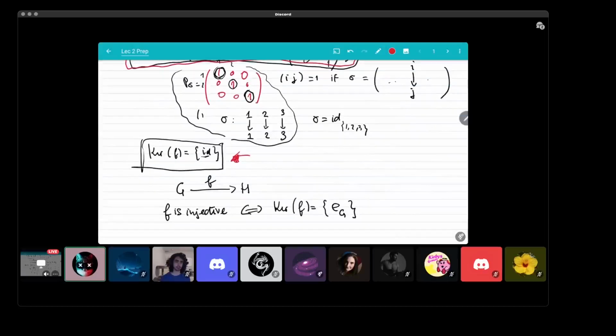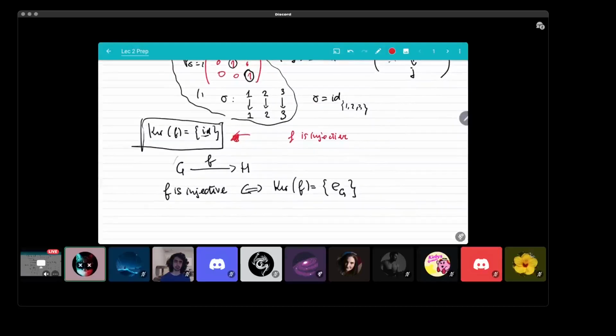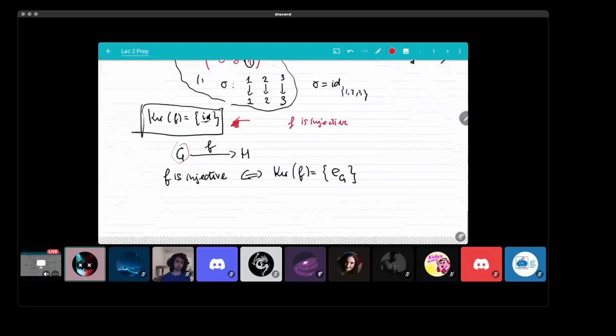So f is injective. Injective means each element of G has one image, and that image is the image of no other element in the same group.